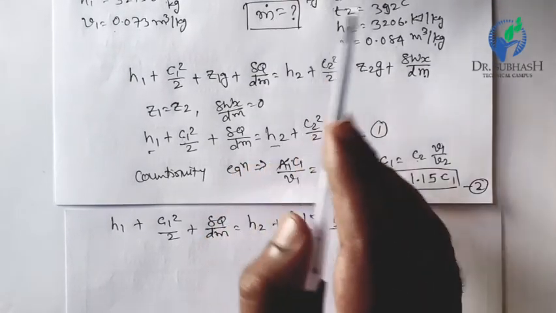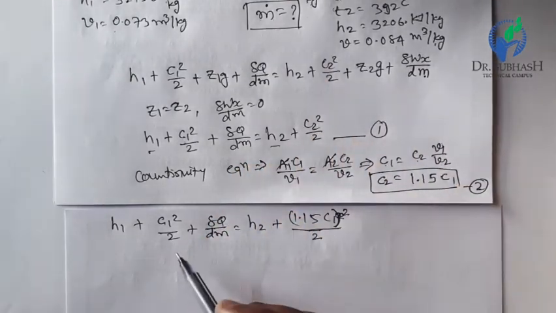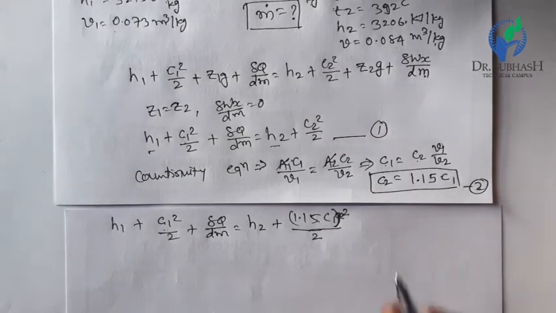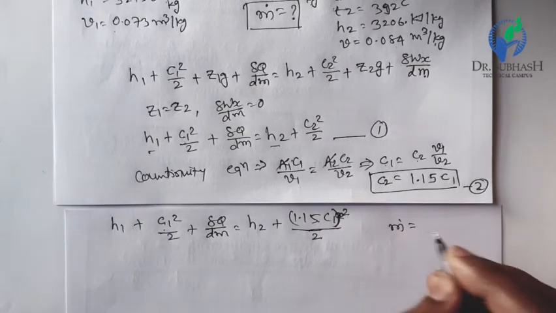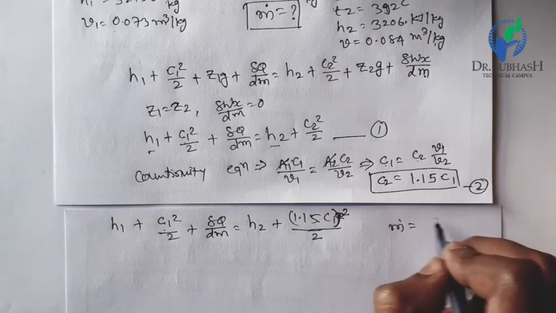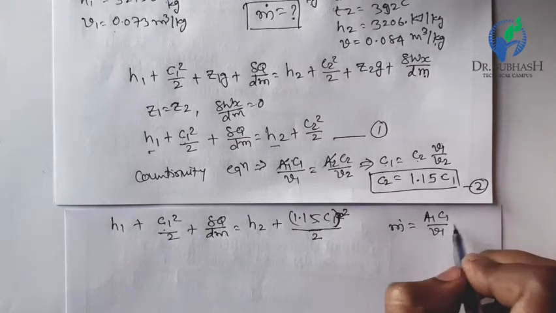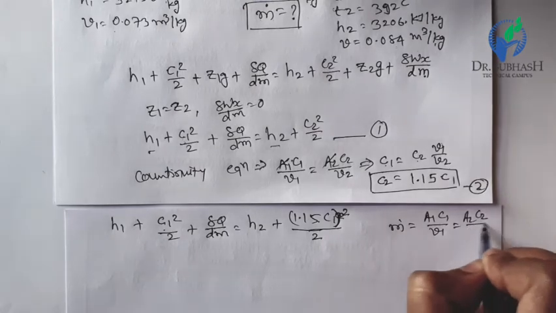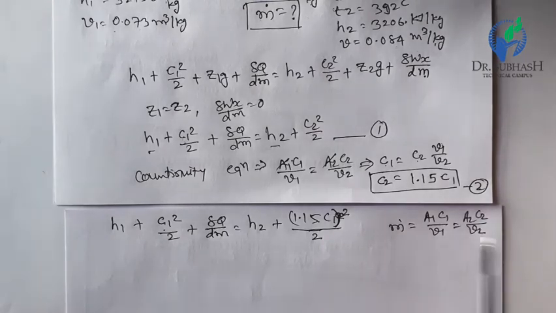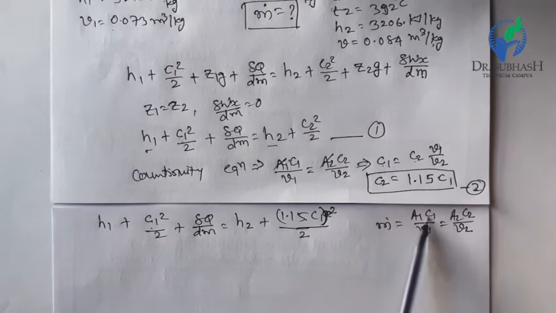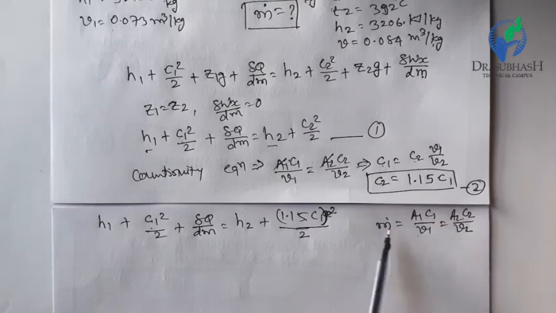So if we can calculate either C1 or C2, we can calculate the mass flow rate by just putting the value in this equation, A1 C1 divided by v1, or A2 C2 divided by v2. So if we get either C1 or C2, we can easily calculate the mass flow rate for this problem. So let us put all the values which we have here.